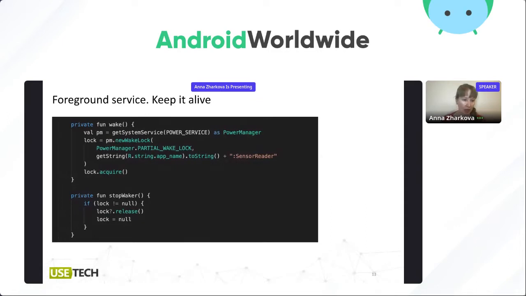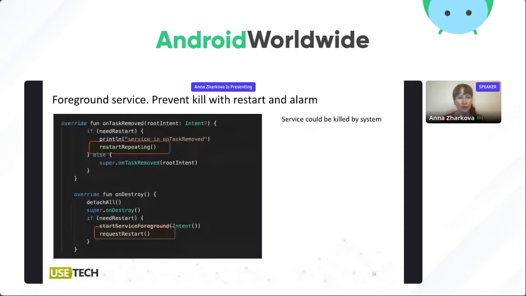So we also need to specify several actions in onTaskRemoved and onDestroy of our service to restart our service. Yes, it will help us to make our work last longer.